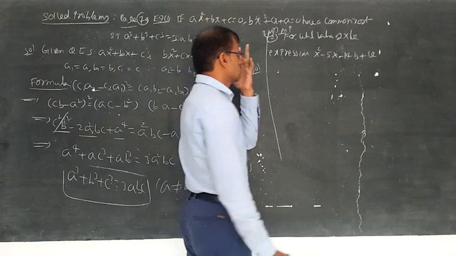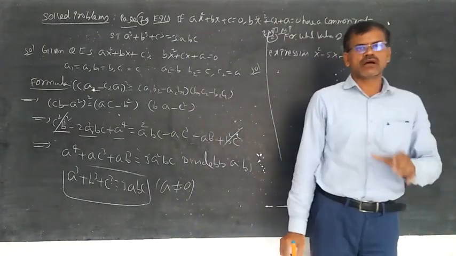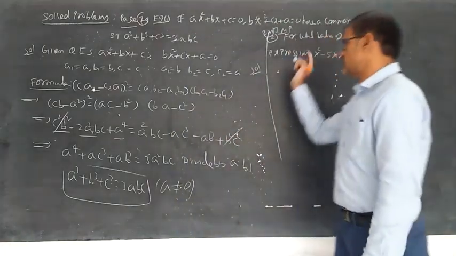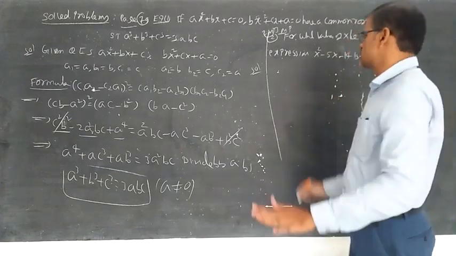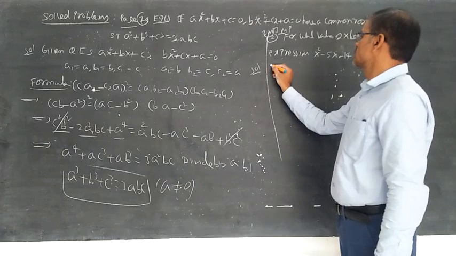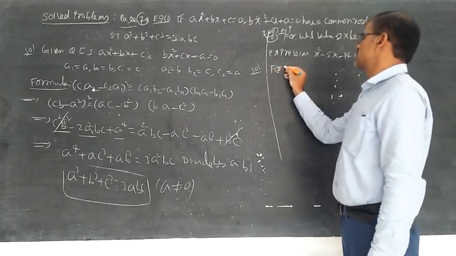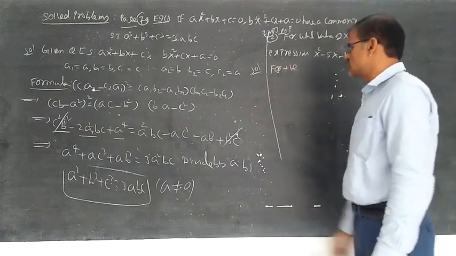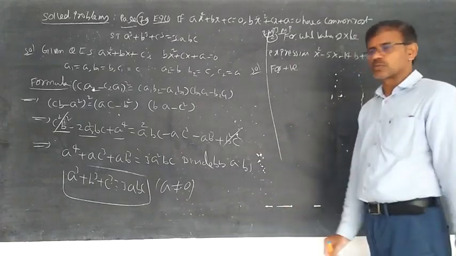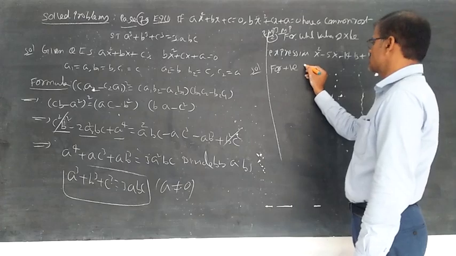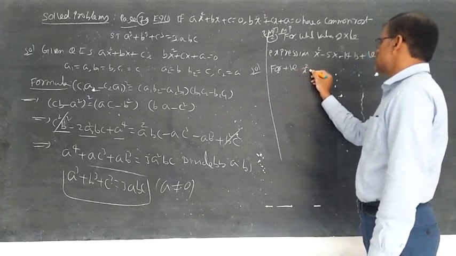Whenever he is asking positive, simply put the symbol greater than 0 for the expression. Whenever he is asking negative, simply put the expression less than 0. Follow my method, it is a better method. Of course, any method you follow, no problem. I think this method is correct, an easy way.